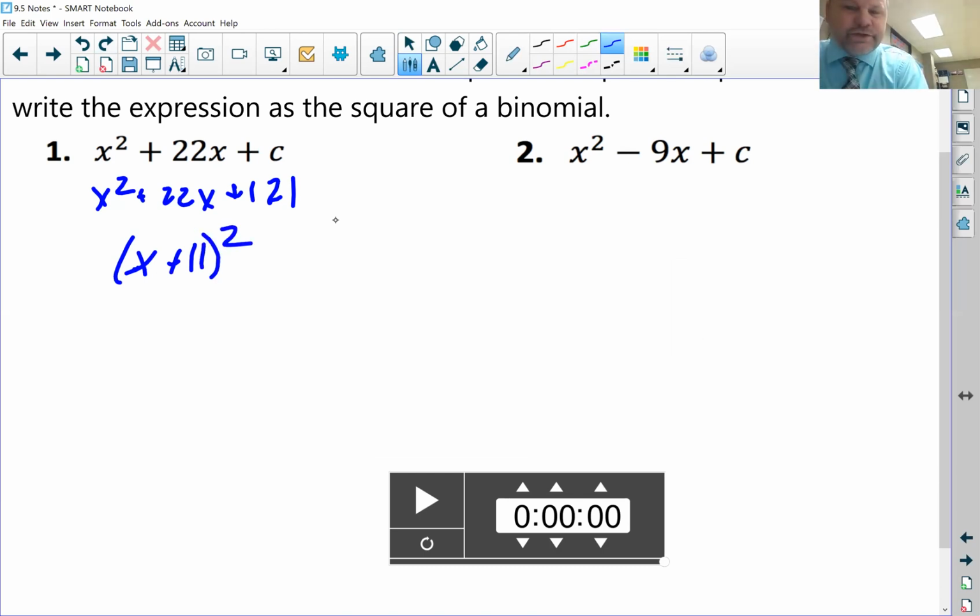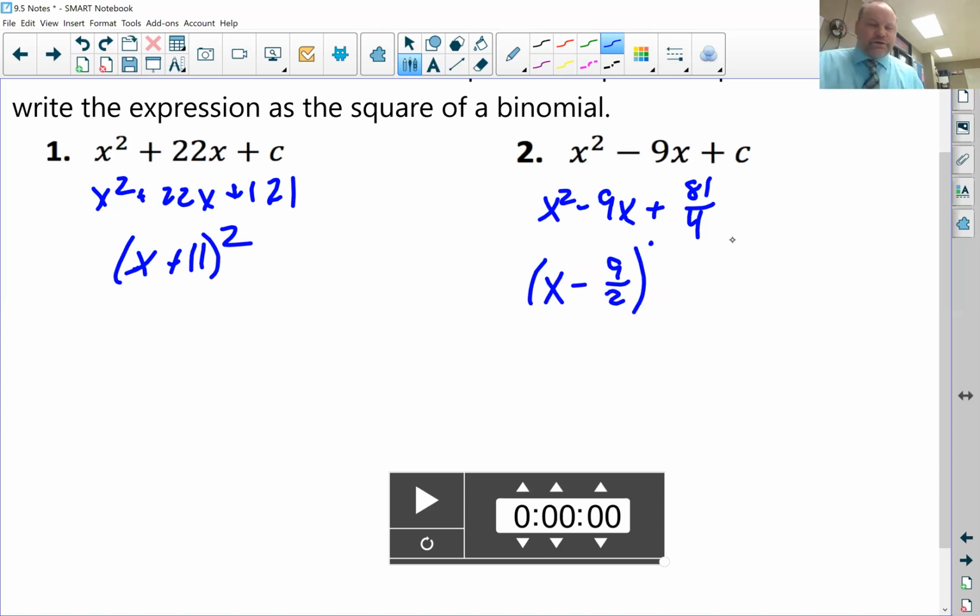For the second one here, 81/4 and X minus 9/2, the quantity squared.